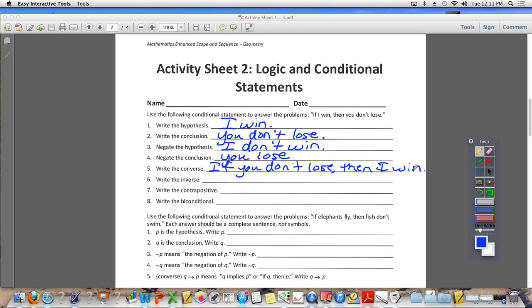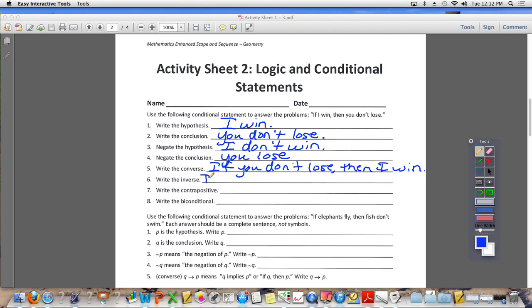All right, inverse. Look back if you don't know what an inverse is. But an inverse says that you do what, Omar? Negate both the hypothesis and the conclusion. So you negate the hypothesis. So when you negate "I win," you say what?